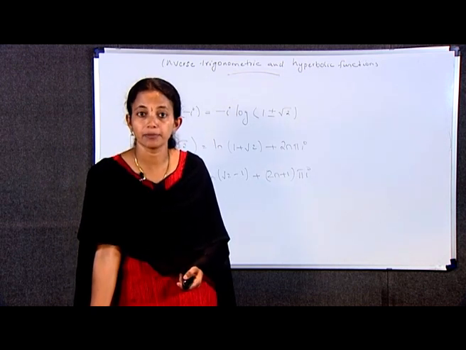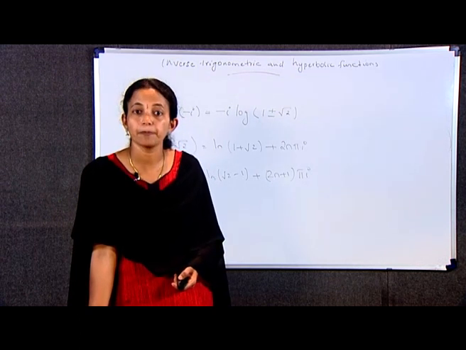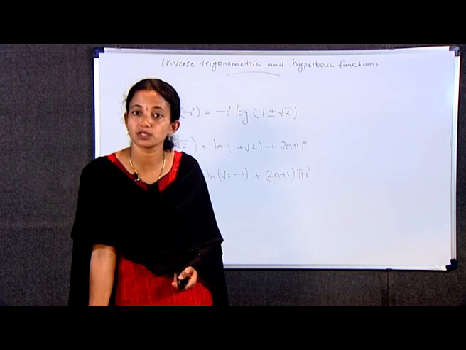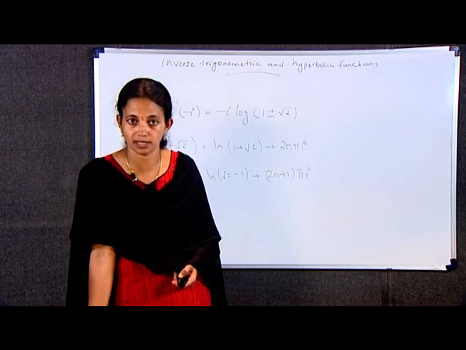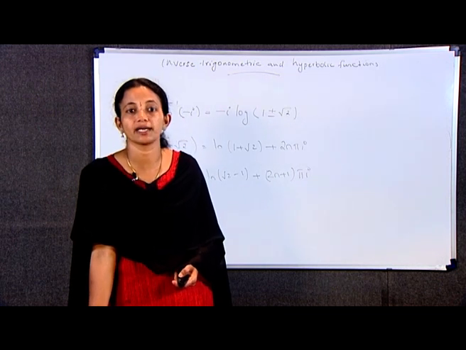And hence the numbers minus 1 raised to n ln (1 plus root 2) plus n pi i, where n varies from 0, plus or minus 1, plus or minus 2, etc., constitute the set of values of log of 1 plus or minus root 2. Thus, sin inverse of minus i is equal to n pi plus i into (minus 1) raised to n plus 1 ln (1 plus root 2), where n is equal to 0, plus or minus 1, plus or minus 2, etc.